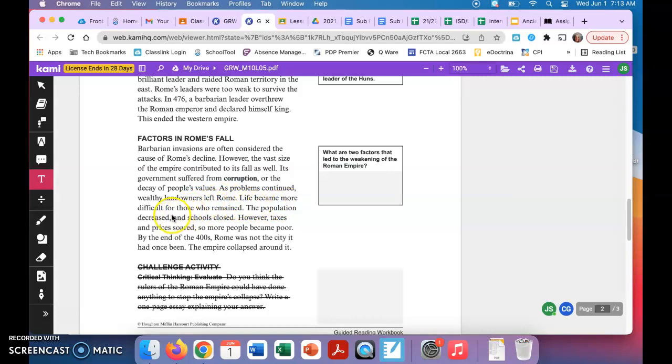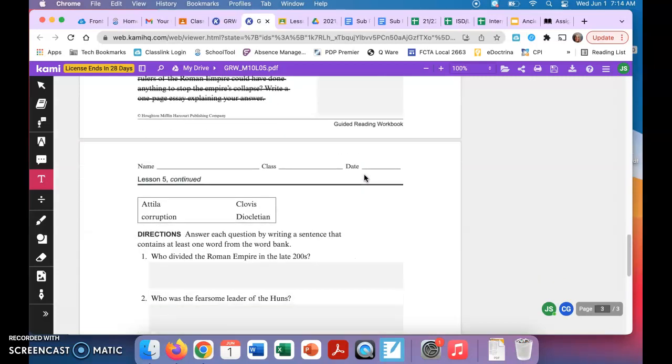Life became more difficult for those who remained. The population decreased and schools closed. However, taxes and prices soared, so more people became poor. By the end of the 400s, Rome was not the city it had once been. The empire collapsed around it. Again, list 2 factors that led to the weakening of the Roman Empire.